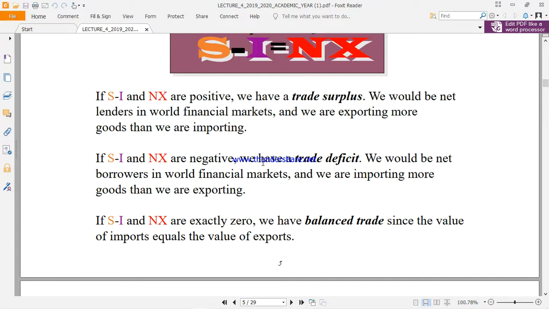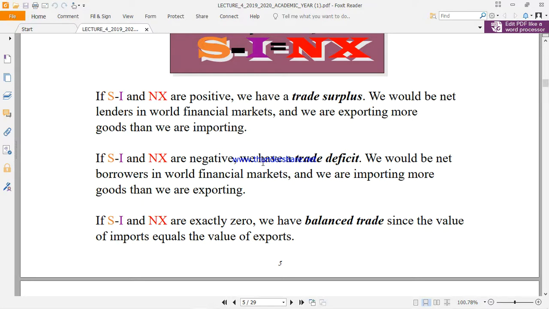Then it means that we have a positive trade balance, and a positive trade balance means that we have a trade surplus. Then we would be net lenders in the world financial market.